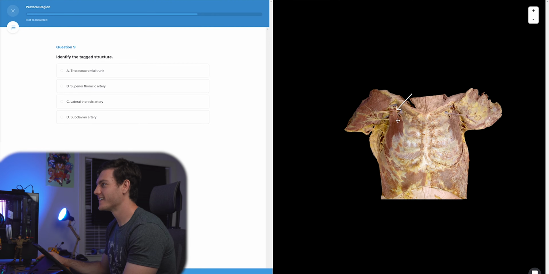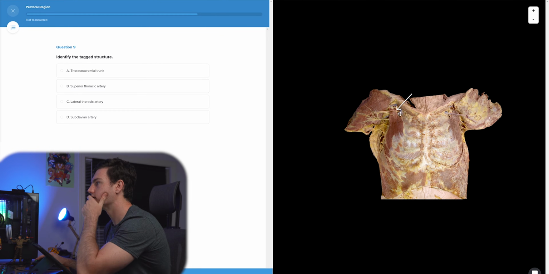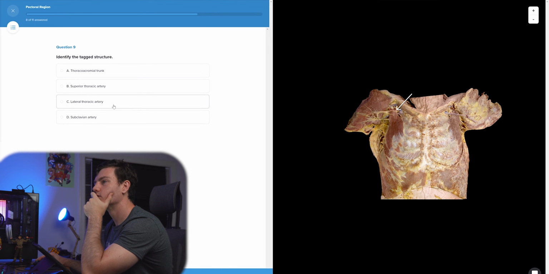Okay, next, what is that right there? I think that's the thoracoacromial trunk. Okay, next.